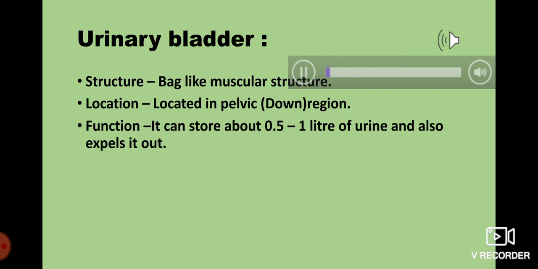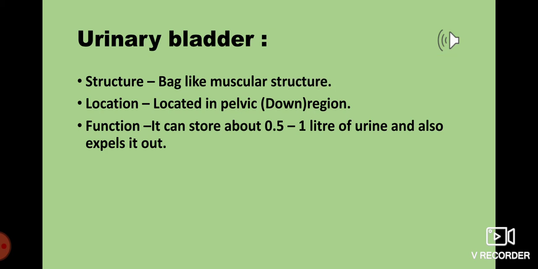The next is the urinary bladder. Urinary bladder means bag. So structure, if you see, it is bag-like and muscular, means made up of muscles and bag-like. Location: in the pelvic region. Pelvic means down region, as it is located at the down, so it is written pelvic region.